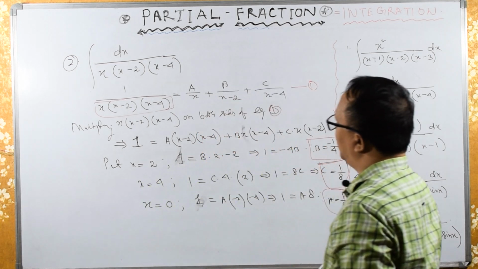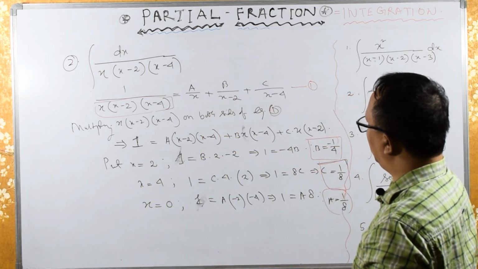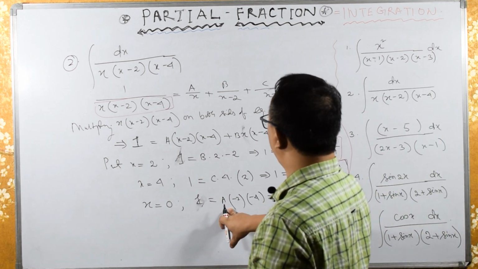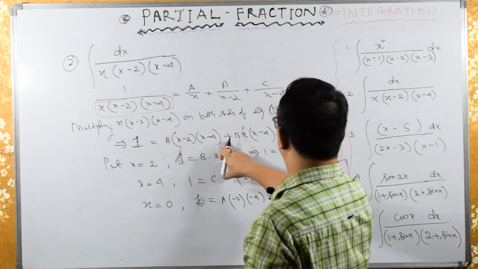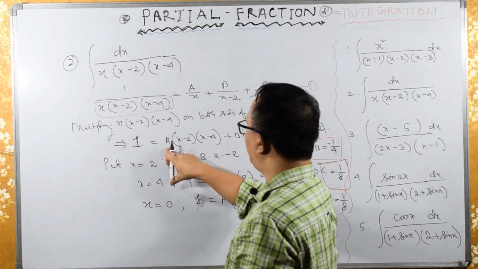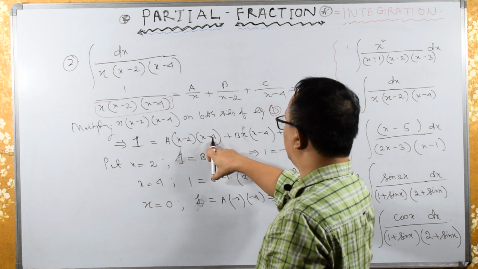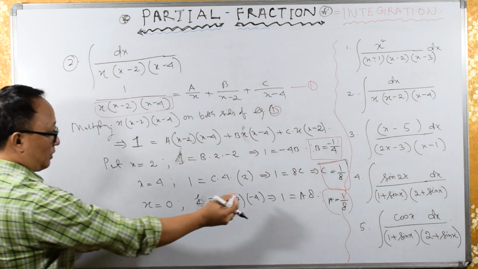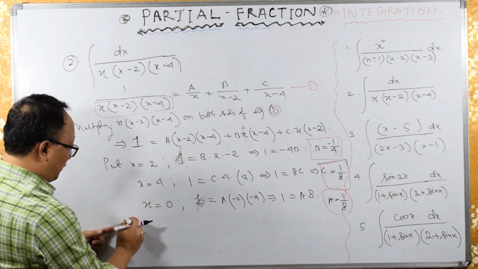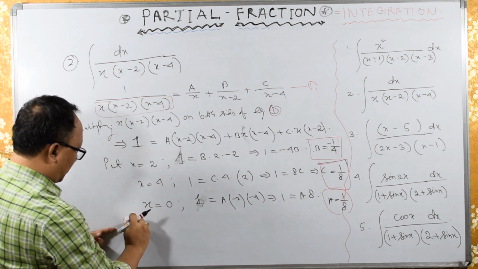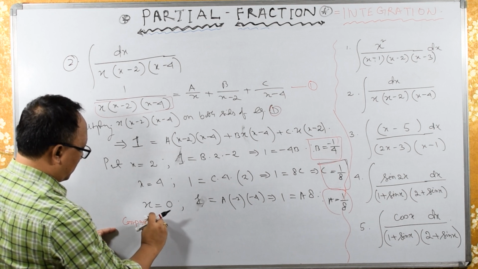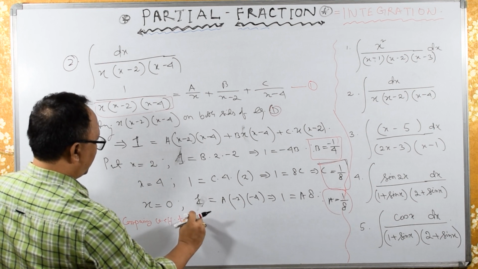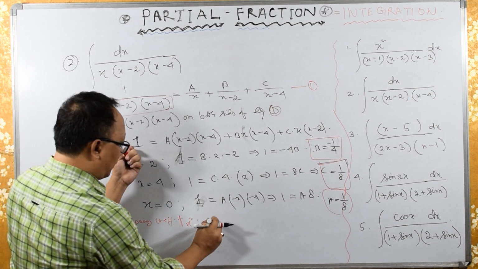Otherwise, what we can do is compare coefficients. I want to get the value of a, so x square. Comparing the coefficient of x square, on the left hand side I have 0.